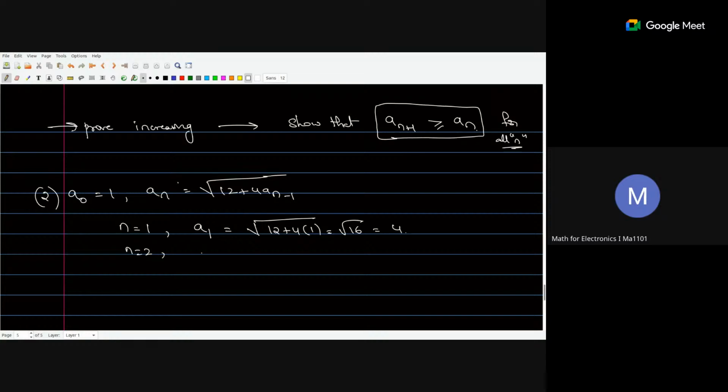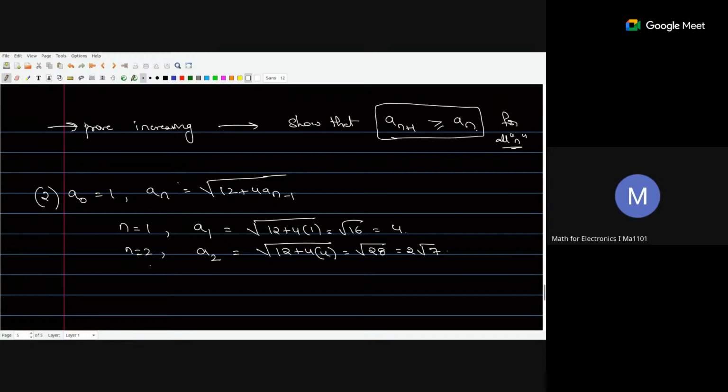Now when n is equal to 2, I get a2, which is root of 12 plus 4 times a1. a1 is 4, so 16 plus 12, which is root 28. Square root 28 is actually 2 root 7.